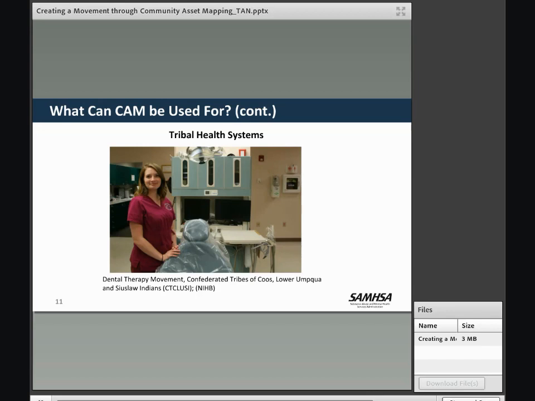And they can use it also in a variety of ways. There's many assets in tribal communities that tie directly back to the health of the community members. So many of the healthcare assets include physical places like hospitals and clinics. But tribal health systems are also greatly affected by what goes on within the home and within the community.